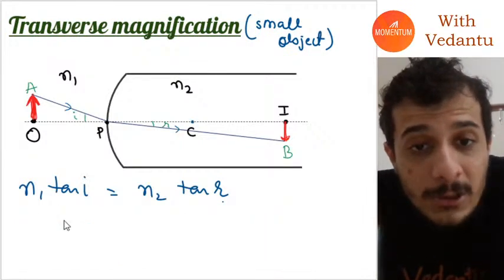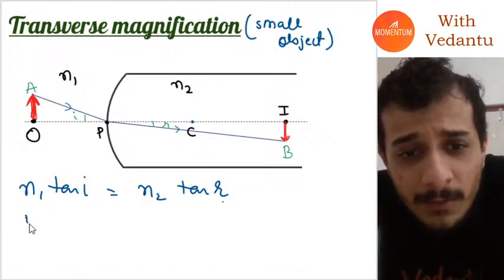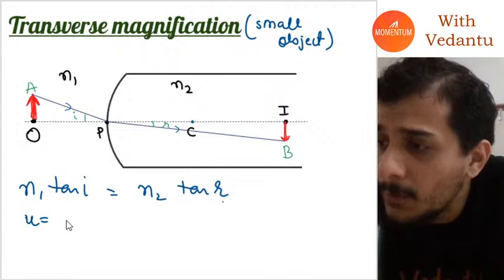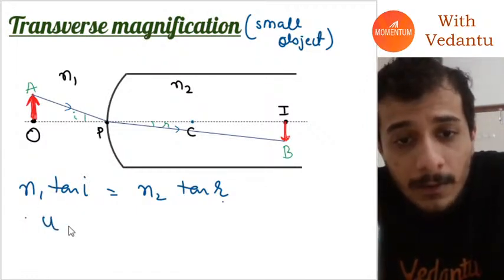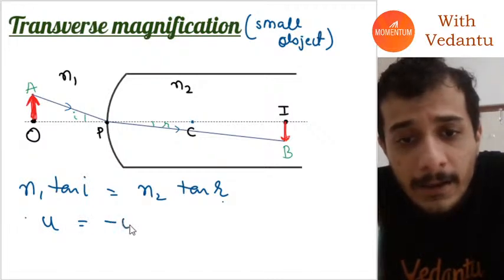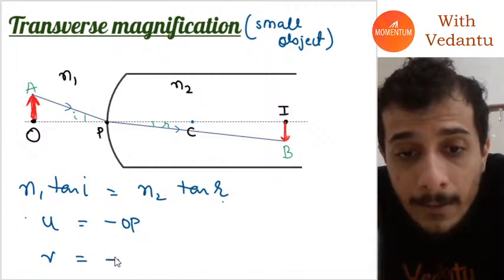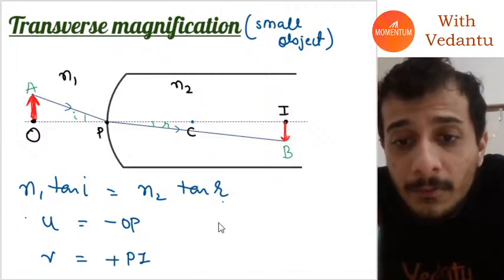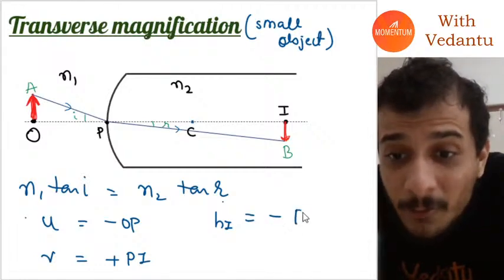Based on this, if I ask you what is the value of object distance, you will say the value of object distance is equal to negative OP. If I ask you what is the value of image distance, you will say plus PI. If I ask you what is the value of height of image, you will say negative BI.